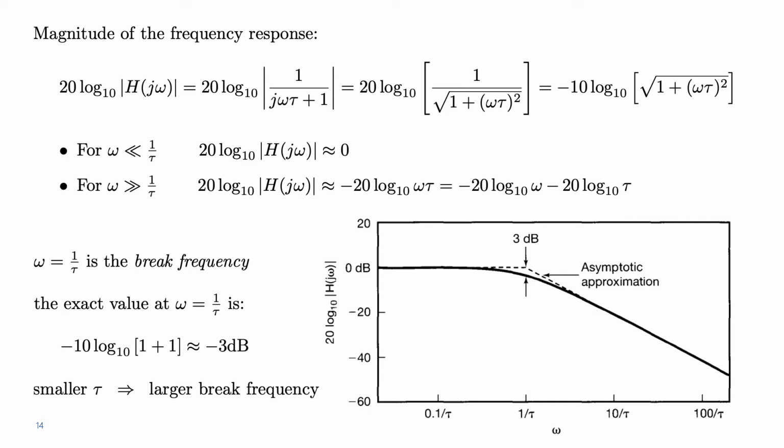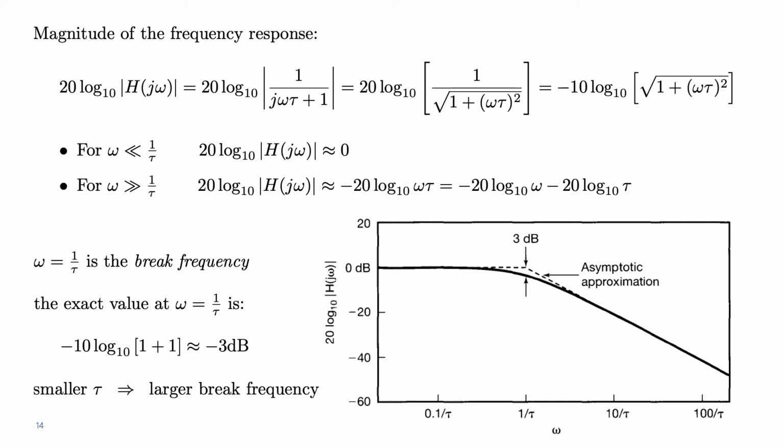However, we see the approximation, which we obtained very easily, is quite accurate. It tells us a lot about the behavior of the system. Notice that the smaller the value of tau for such a first order system, the larger the break frequency, omega, meaning the larger the value of omega after which the system starts attenuating.